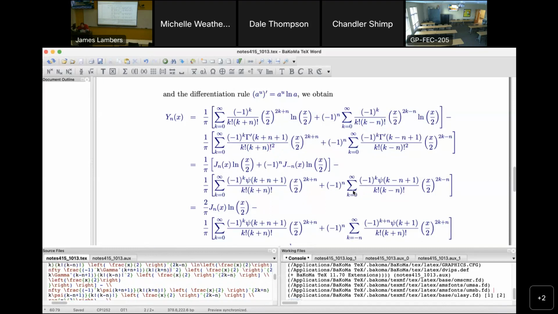Same thing over here. Here I have k minus n factorial squared. One of those gets absorbed into the digamma function, k minus n plus 1, because here I have gamma prime at this argument, and down below I have gamma at this argument, squared. That's the digamma function.